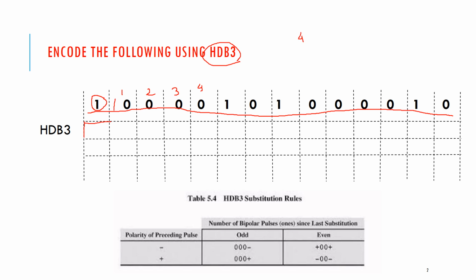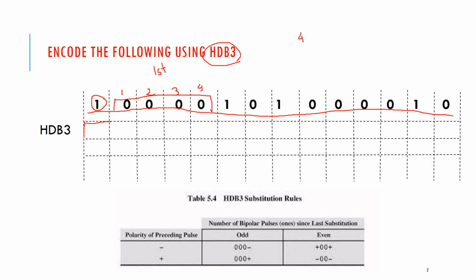Then I have 1, 2, 3, 4 consecutive zeros, so for this I'm going to have to do my substitution. This is going to be my first substitution. The first thing we are going to do is count the total number of ones between my current substitution and the last substitution, if any.